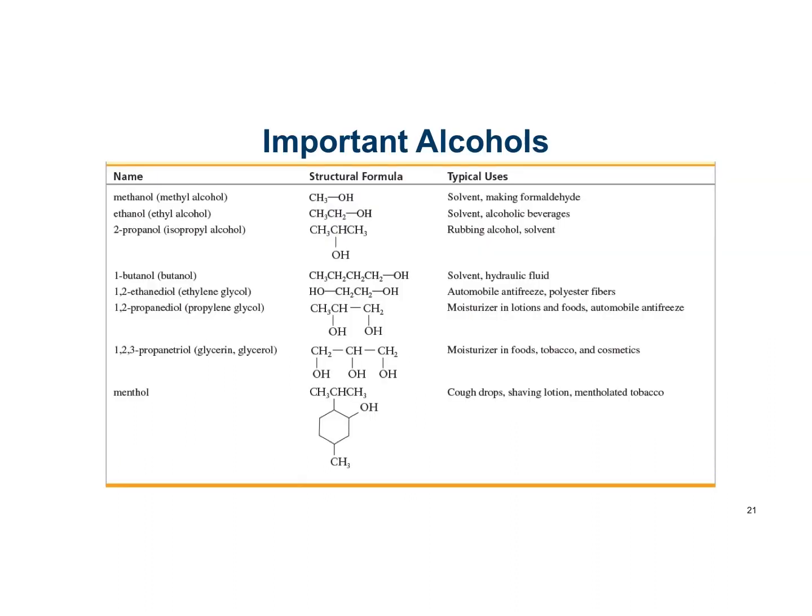Now I want to end the screencast by talking about a few important alcohols. Methyl alcohol, which is also known as methanol, is shown here with this structural formula. It's also known, historically, as wood alcohol. It's used as a solvent.